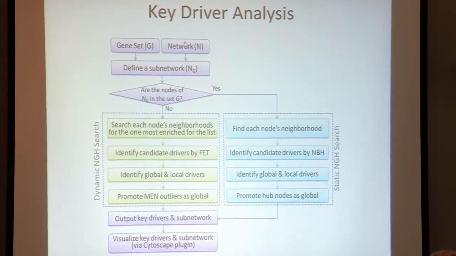So it is important to have relevant networks here. The protein interaction network probably is the most frequently used network for almost all studies for different diseases, but that is probably not tissue specific. It is not disease specific.